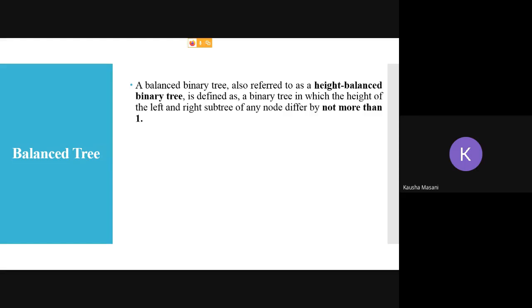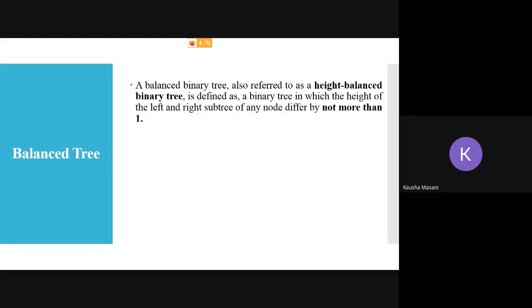And we are defining it as a kind of a binary tree where the difference between your left subtree and the right subtree for a given node, here node is either parent or say root node, the height difference will be not more than 1.